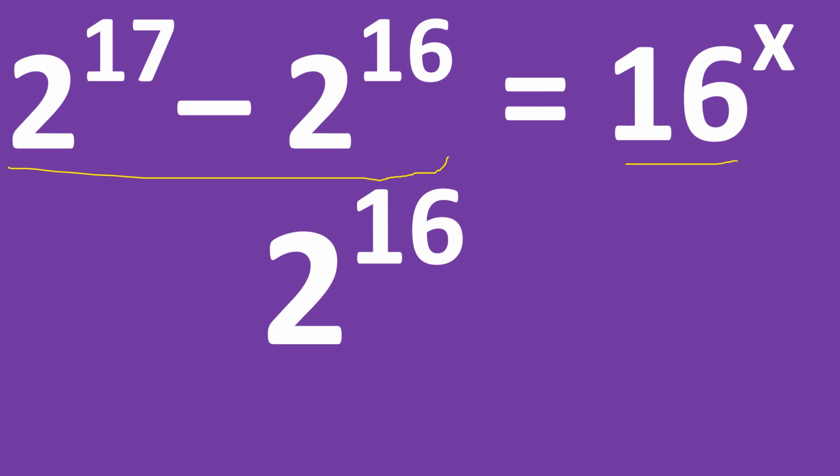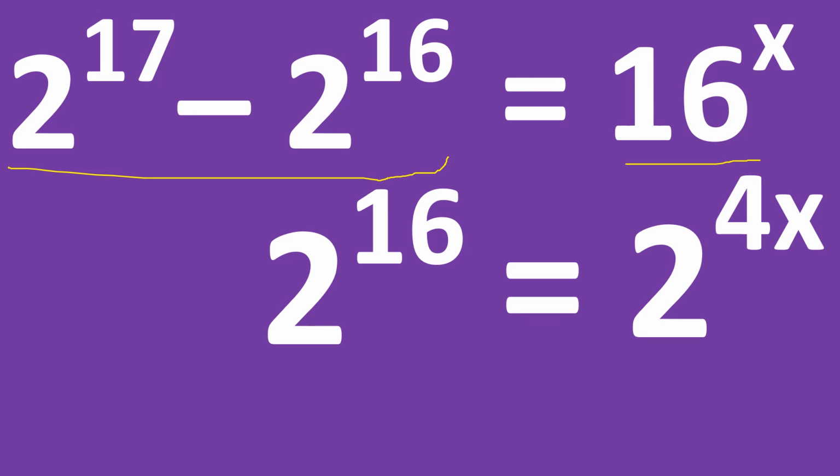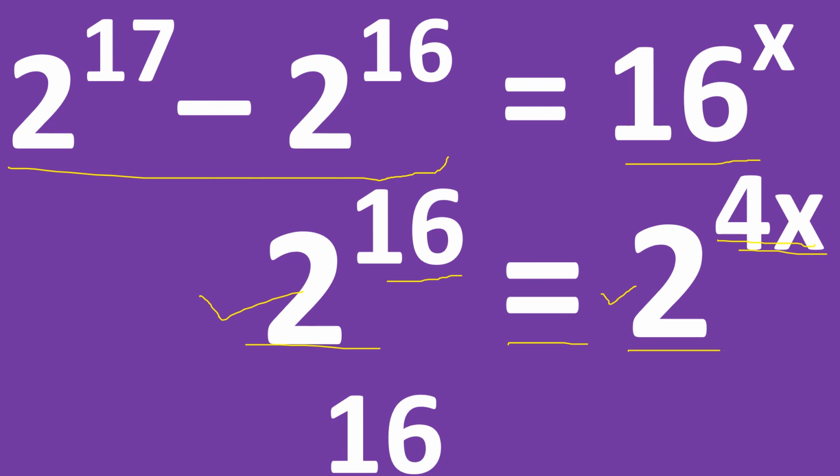We have also simplified 16 raised to the power of x, and we obtained 2 raised to the power of 4x. So we have 2 raised to the power of 16 and 2 raised to the power of 4x. Notice they have a common base 2 and 2. And because of the equality sign, it therefore means that 16 is equal to 4x.